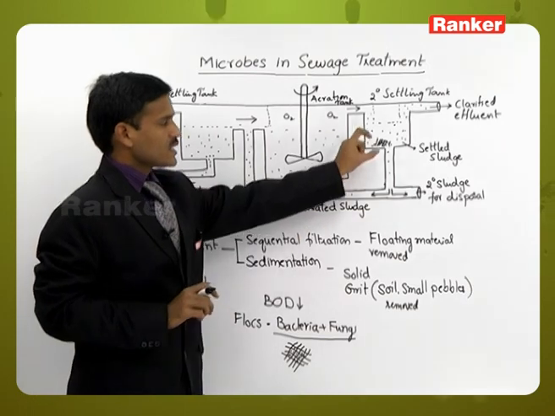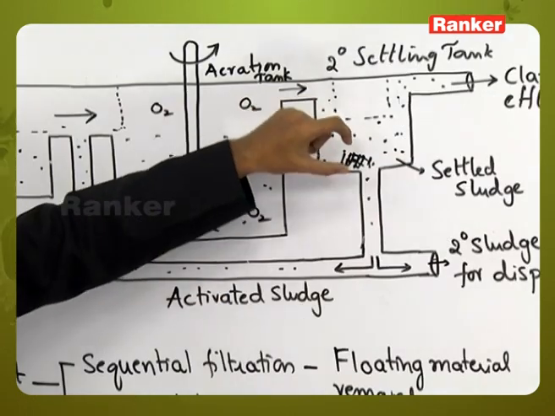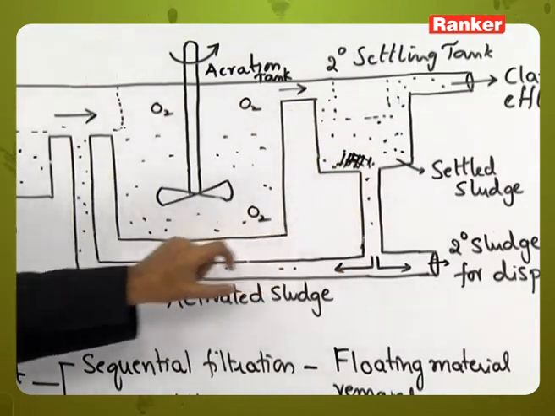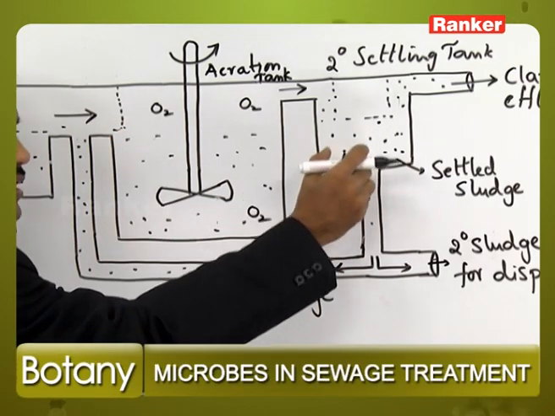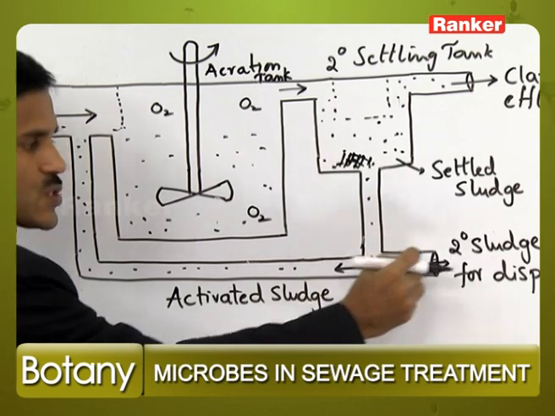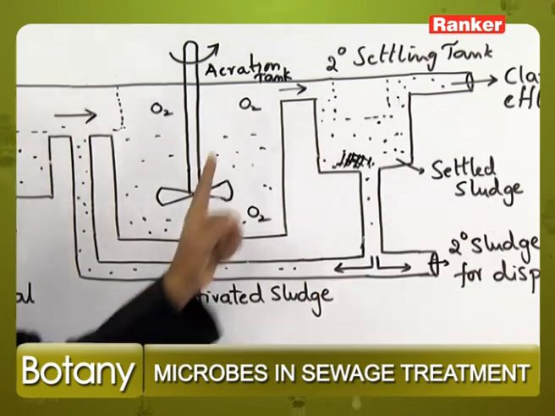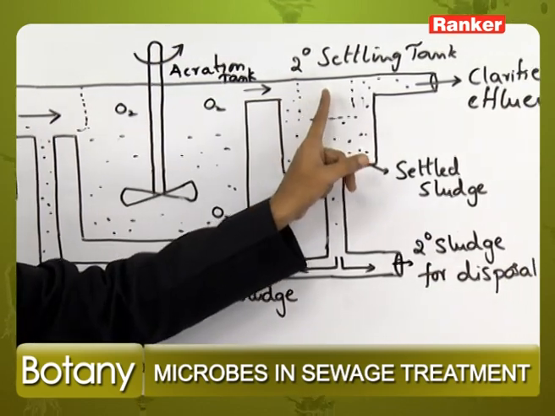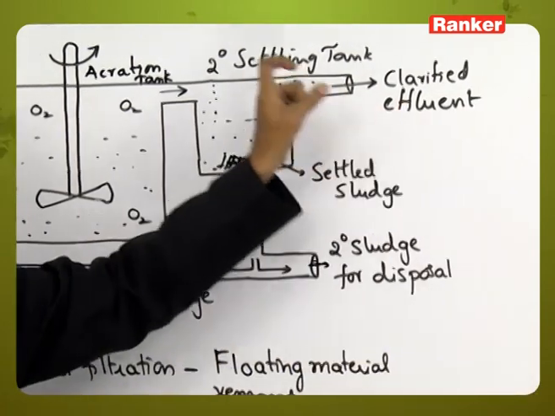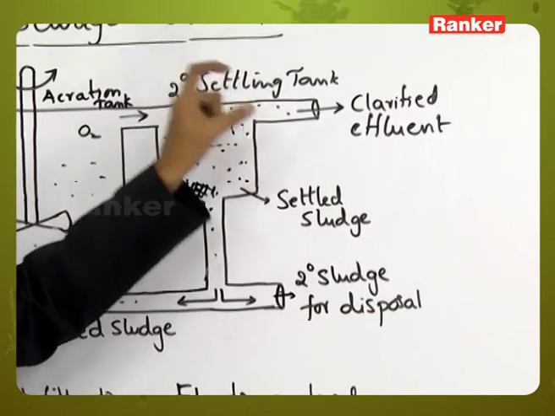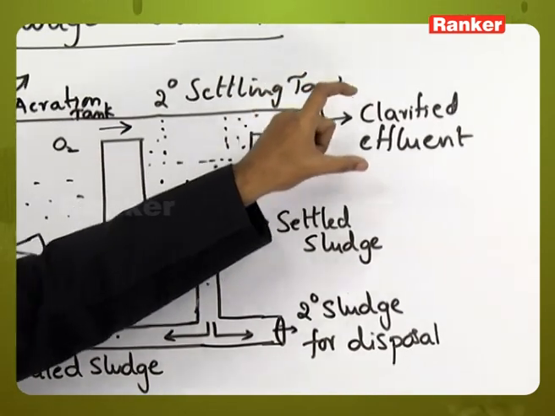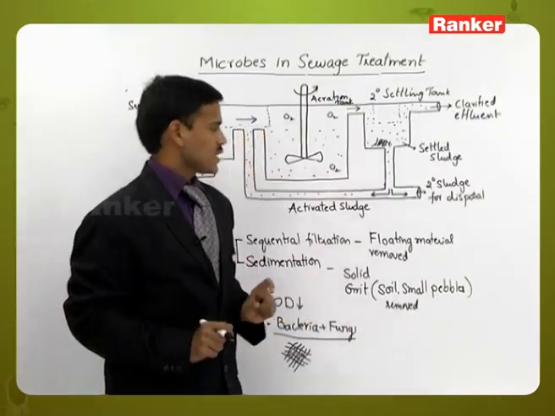That's why some activated sludge is pumped again into the aeration tank and a large amount of secondary sludge is disposed. Next, the less polluted sewage water, or clarified effluent, is released into the water streams.